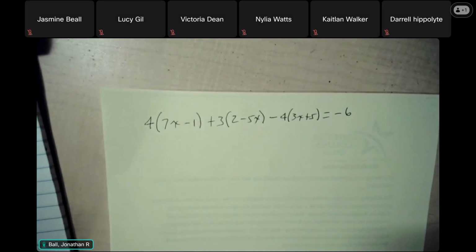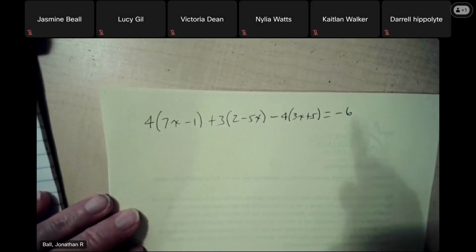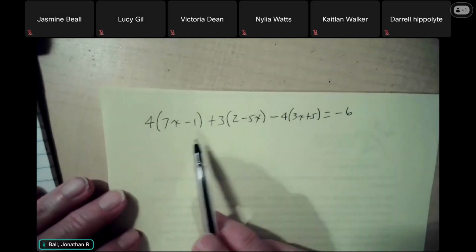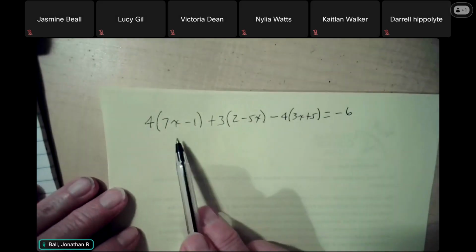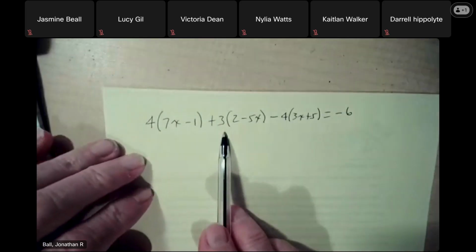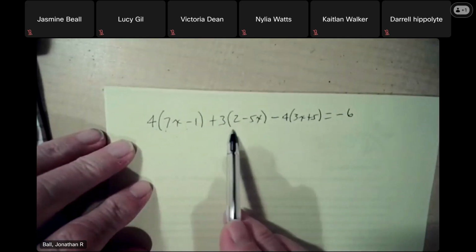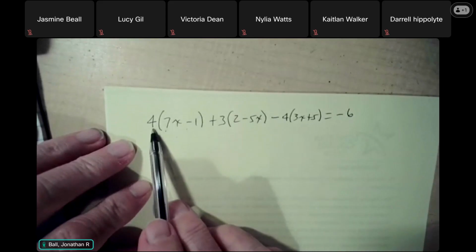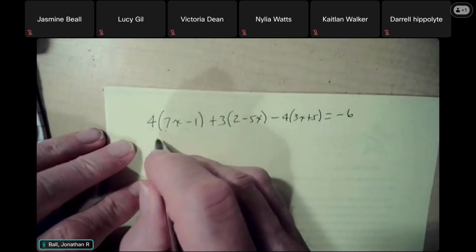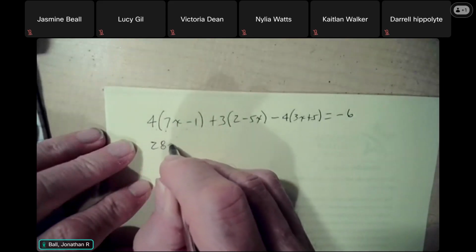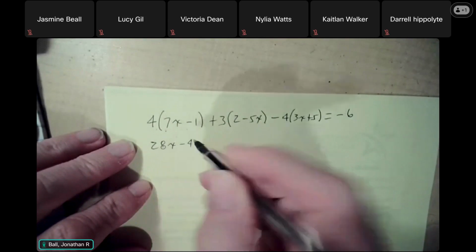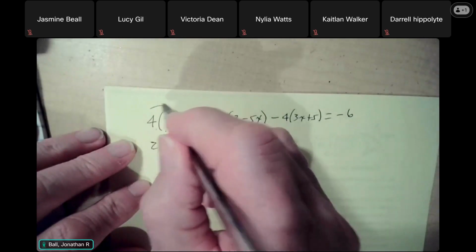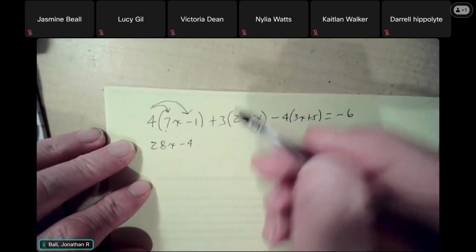Yes, you can. What's the first thing we say? Self, what can I do here? Well, I can do distributive property, right? We're going to distribute the 4 over everything inside here. We get 28x minus 4. Remember, multiply 4 times everything inside the parentheses.